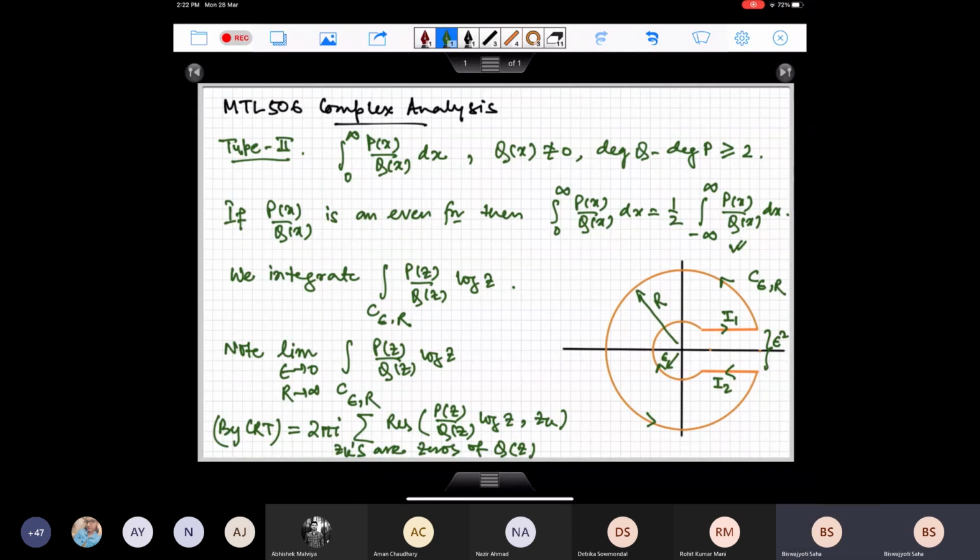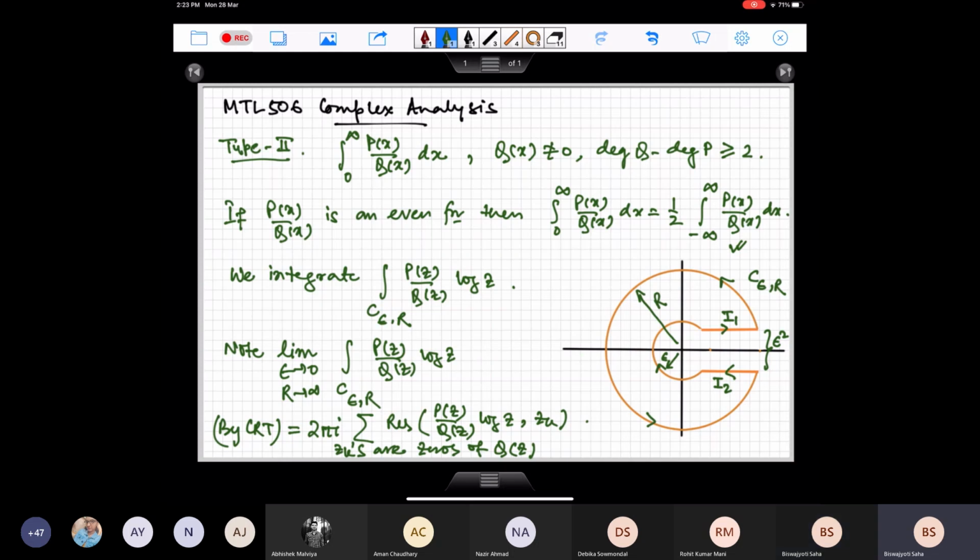In the first integral, type 1, we were taking zeros on the upper half plane. This time, you have to take residue of pz upon qz times log z. That's important. And zk's are zeros of qz. Of course, qz is a polynomial, so you have finitely many zeros. Fine, excellent.